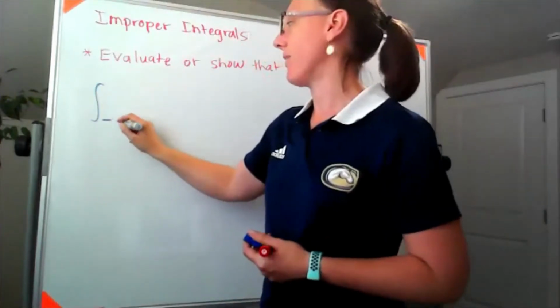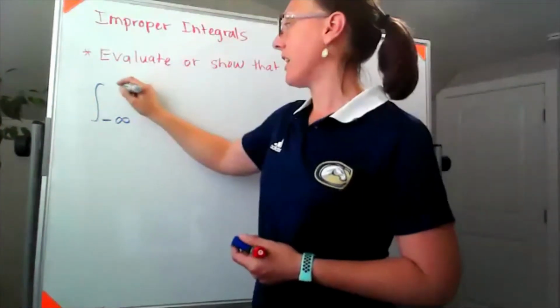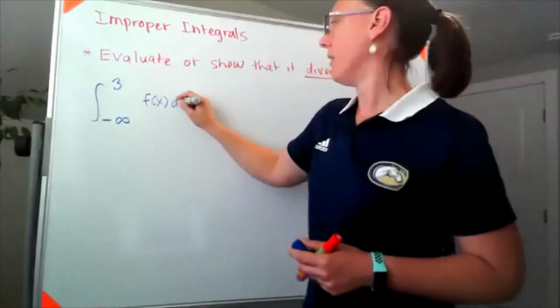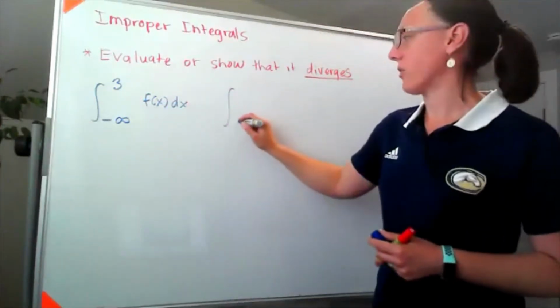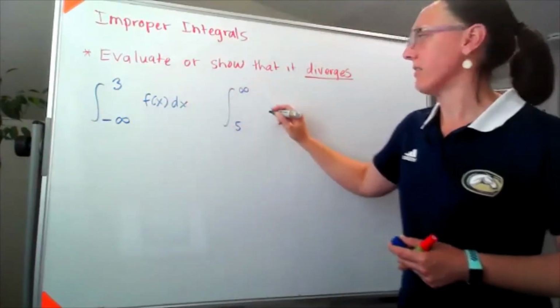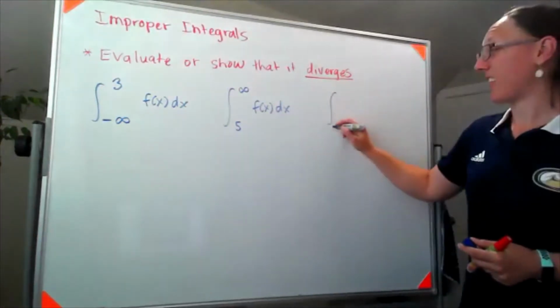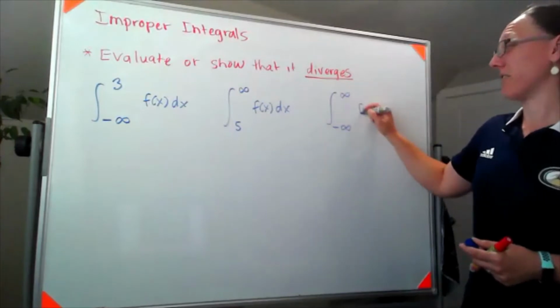So I might have something that looked like negative infinity to a number, or I might have something that looked like a number to positive infinity, or I might have something that looked like negative infinity to positive infinity.